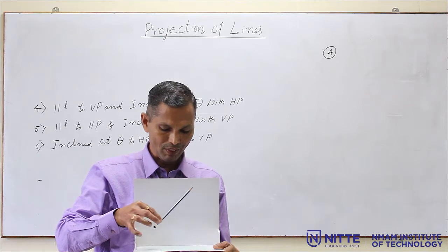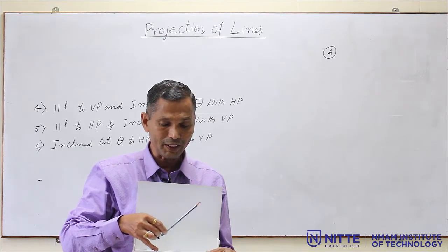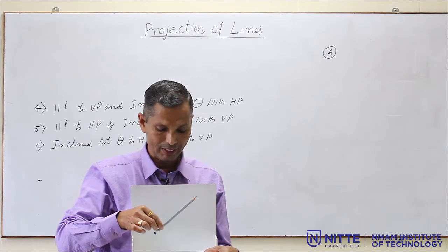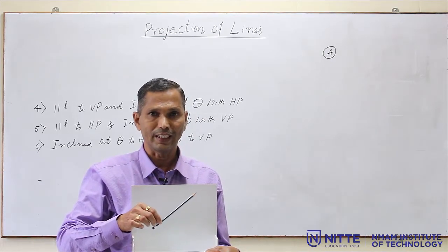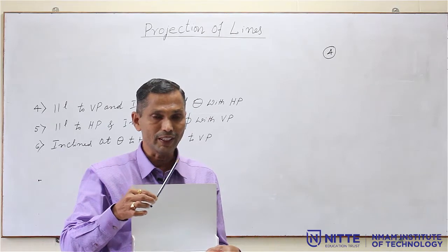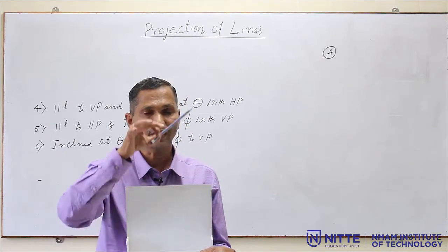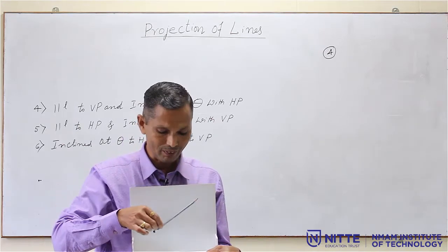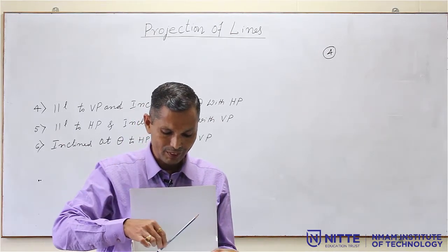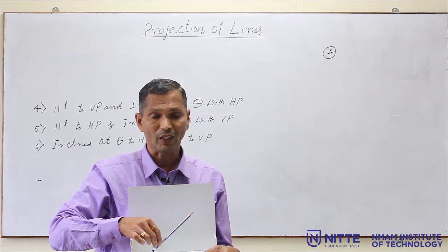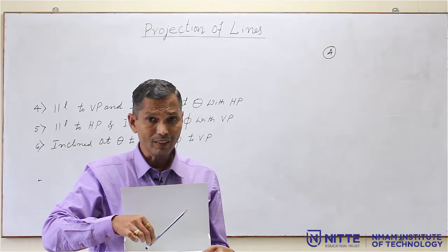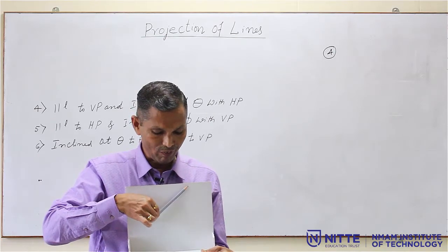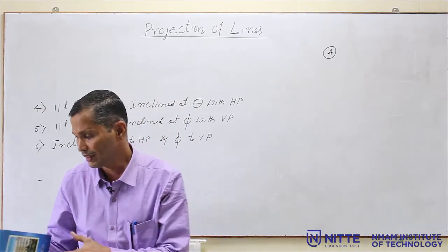So, we will get a reduced or projected length. The top view is not 100 mm here, it is less than that. That is obtained only by projection. You just have to project how much it is in front of VP, that distance will be given, and you get a line. It is a straight line, but the length will be shorter. So, this is the projection, the front view and top view. We will see it on the board.